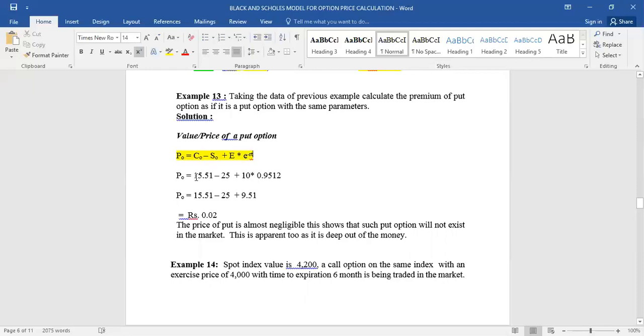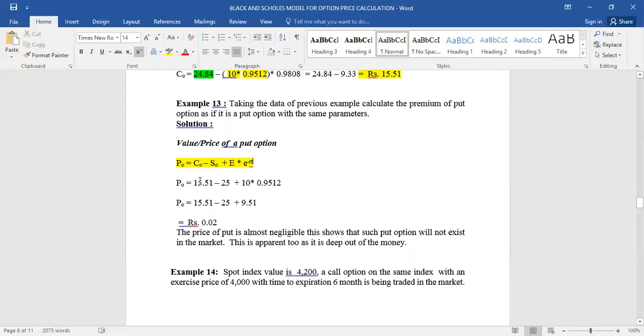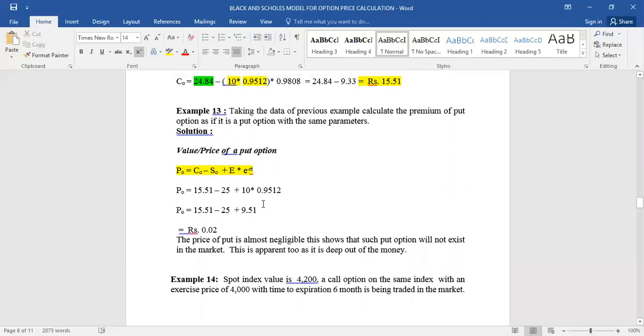So we have call premium, we have already calculated 15.51, spot was 25, E was 10, and e to the power negative RT we have already solved in the previous case. So if we calculate this, it will be 10 times 0.9512 plus 15.51 minus 25. You get 0.022, that is 2 paisa. So that is the answer for this. So this is the way premium of call option and put option is calculated using the BS model.